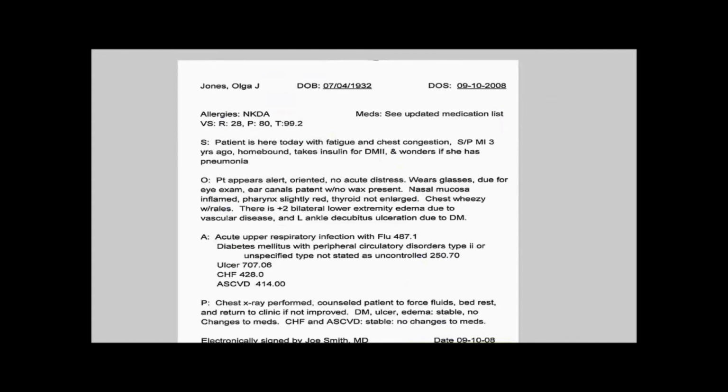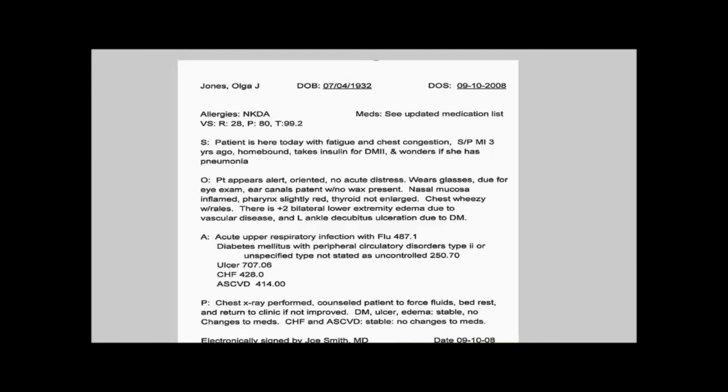So now let's put all of Olga's information in for a more complete note. And when you read this more complete note, you note that she has the upper respiratory infection, diabetes, but with peripheral circulatory disorders. So she has a complication. She also has an ulcer, CHF, and ASCVD.